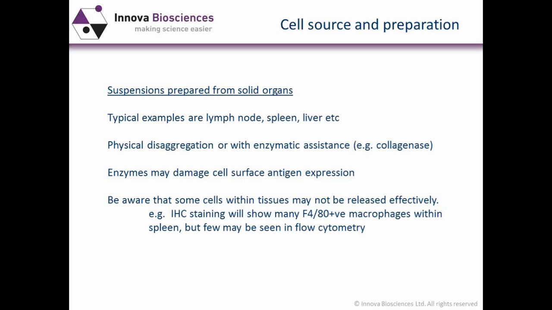There are two main ways of doing this. One is physical disaggregation, or you can assist that with some enzymes, particularly collagenase. Physical disaggregation usually involves literally mashing the organ up, often with the assistance of a syringe. Collagenase helps to break down the connective tissue and release cells from within the organ.